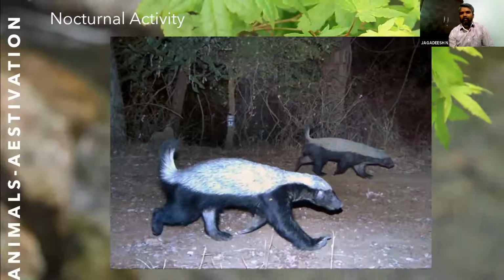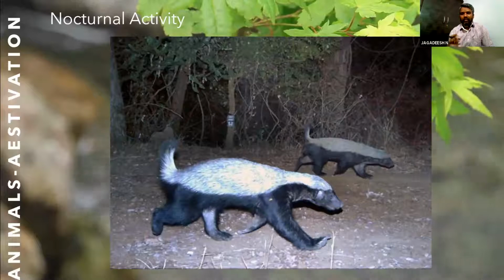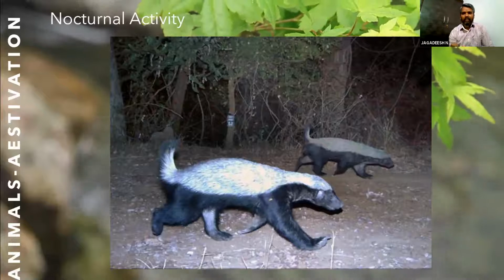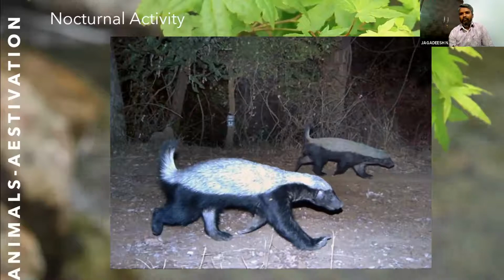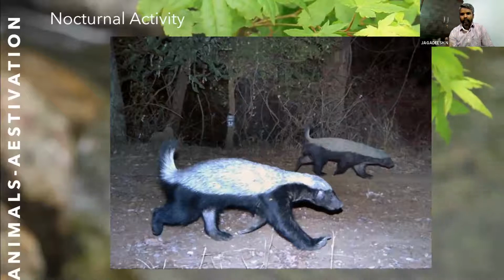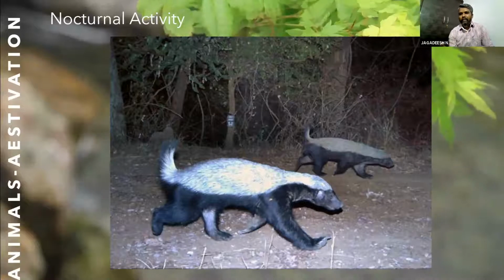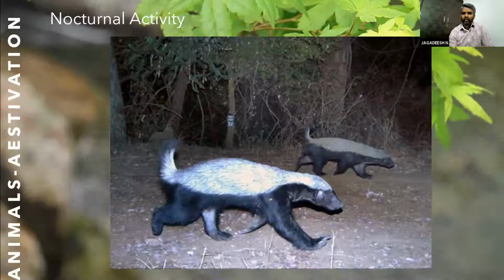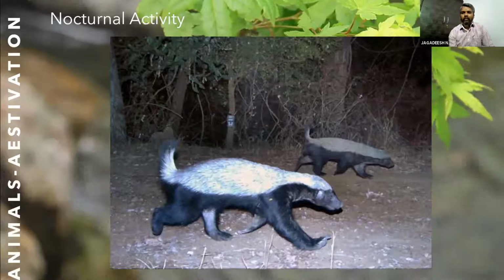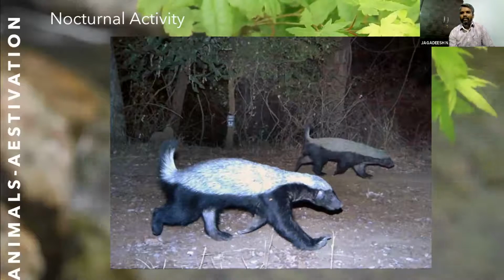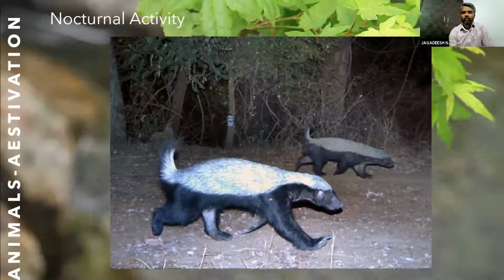This is especially present in desert conditions, where during the day there will be higher temperature. As the night falls, the temperature will become colder. So during the daytime, all the predators will come out of their hiding places to hunt the animals which came out in search of food during the night.